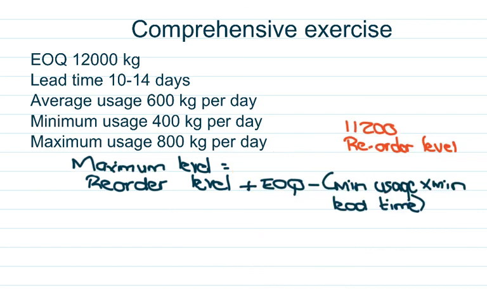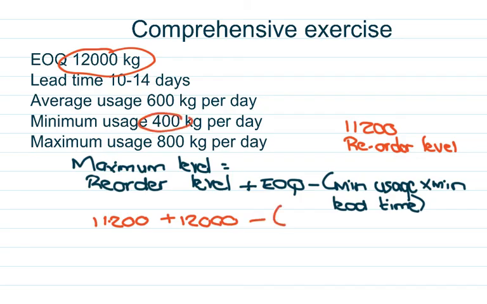So when I have 4,000 kilos in stock, then I need to order. When I look at the maximum level, I'm saying it's the reorder level that I calculated then as 11,200 plus my economic order quantity, and that one is given as 12,000 kilos, so it's plus 12,000, less my minimum usage is given as 400 times my minimum lead time will be 10 days.